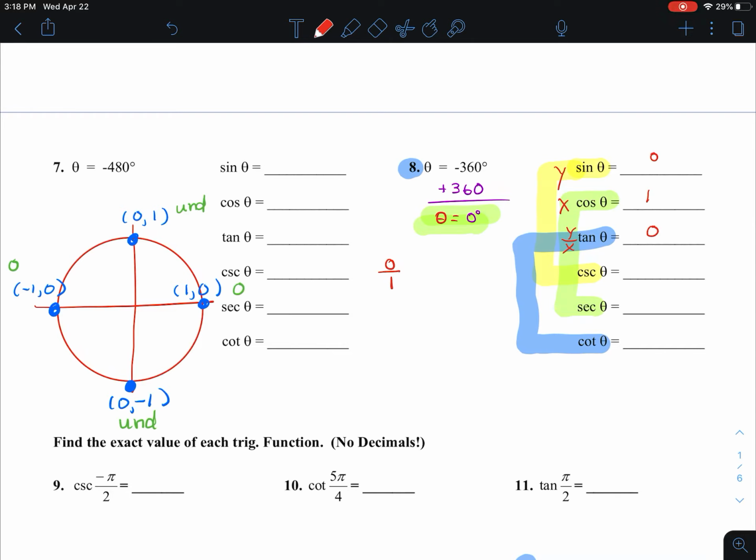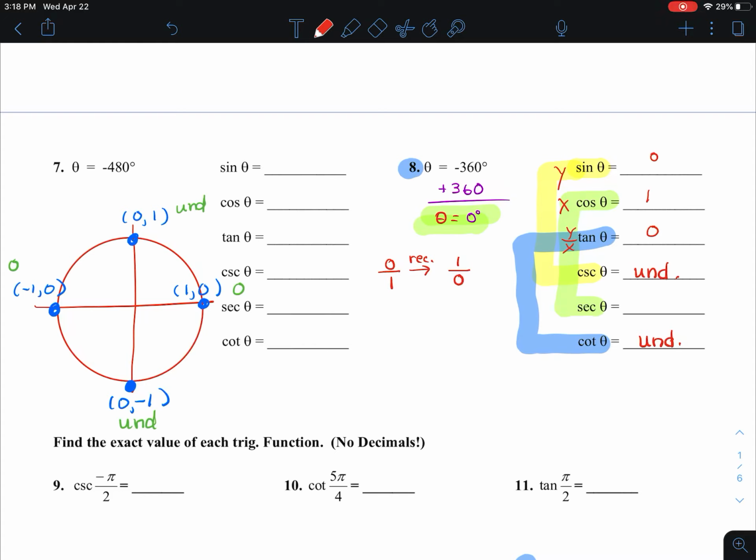So if we were going to do the reciprocal of 0, the reciprocal of 0 becomes 1 divided by 0, therefore the answer is undefined. So anytime you do the reciprocal of 0, you get undefined. So that means I'm going to fill in down here that cotangent at 0 degrees would also be undefined.